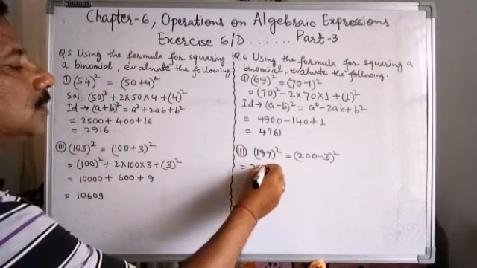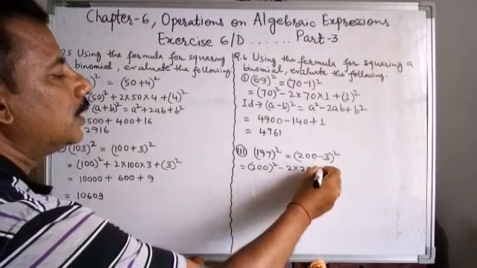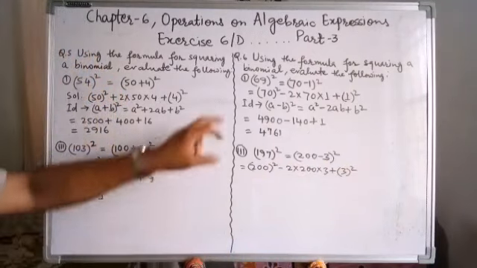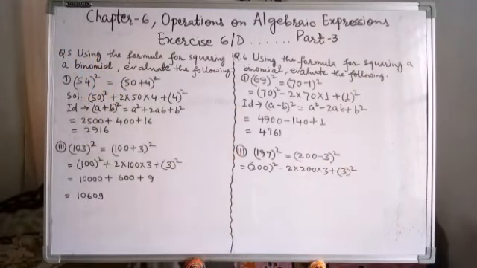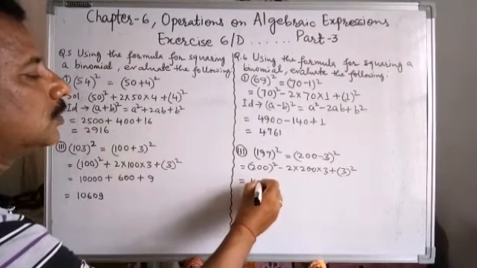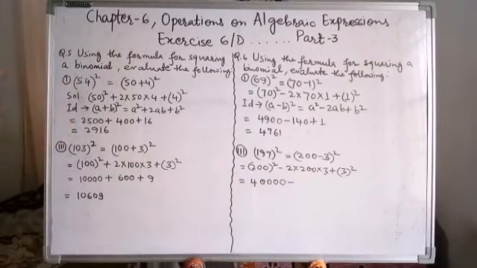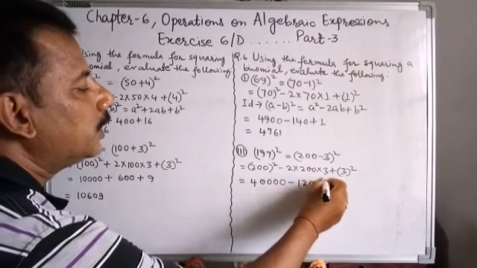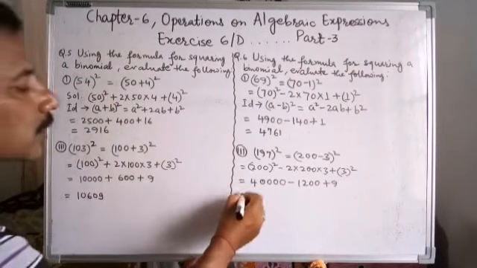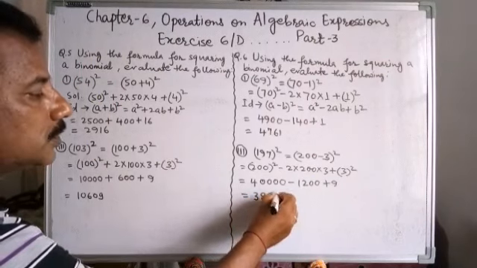That means square of 200 minus 2 into 200 into 3 plus square of 3, and the identity now being used is (a minus b) whole square equal to a square minus 2ab plus b square, that is equal to 200 2s are 400, 400 3s are 1200 plus 9, and whenever we solve them, its value now becomes 38809.